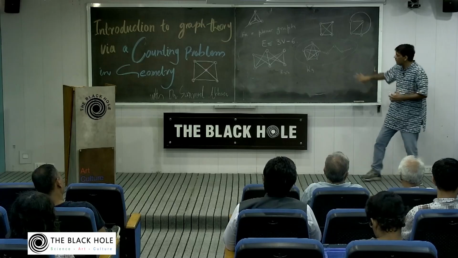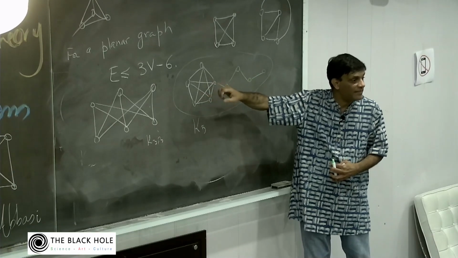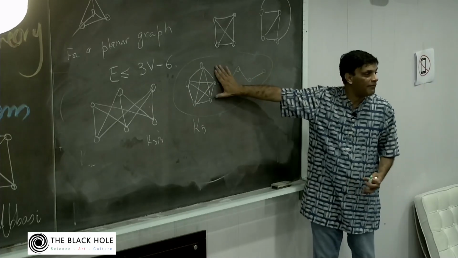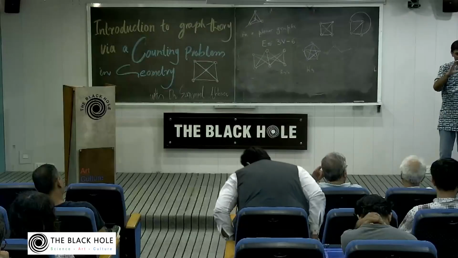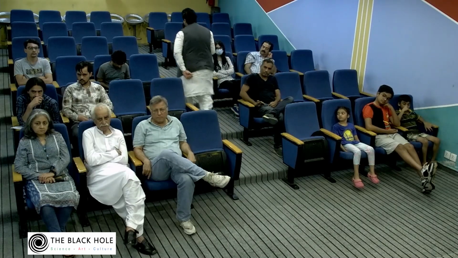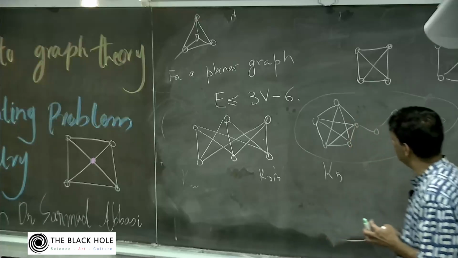The answer is no, because it has a structure which is not planar. If you could draw the whole thing without edge crossings, you could remove this stuff and get a drawing of K5. So if K5 is somewhere in a graph, you can never hope for it to be planar. Same with K33.